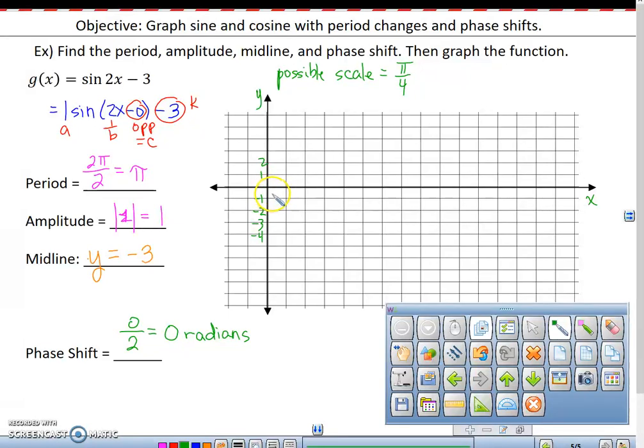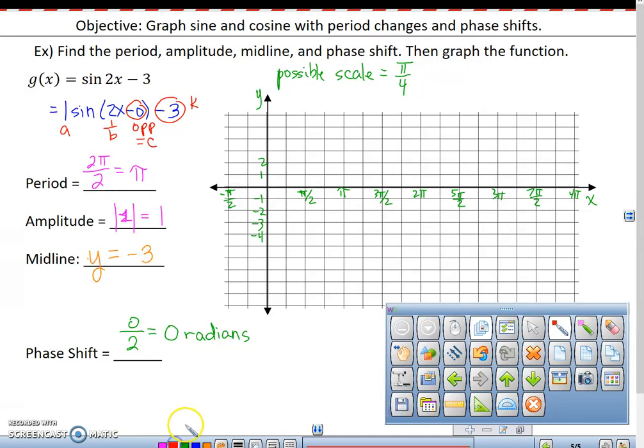So every 4 squares is a multiple of pi, and every 2 squares is the half mark. So this is pi. Another 4 will take us to 2 pi, 3 pi, 4 pi. And then if you want to put in the halves, you can. And over here, this would be negative pi halves.